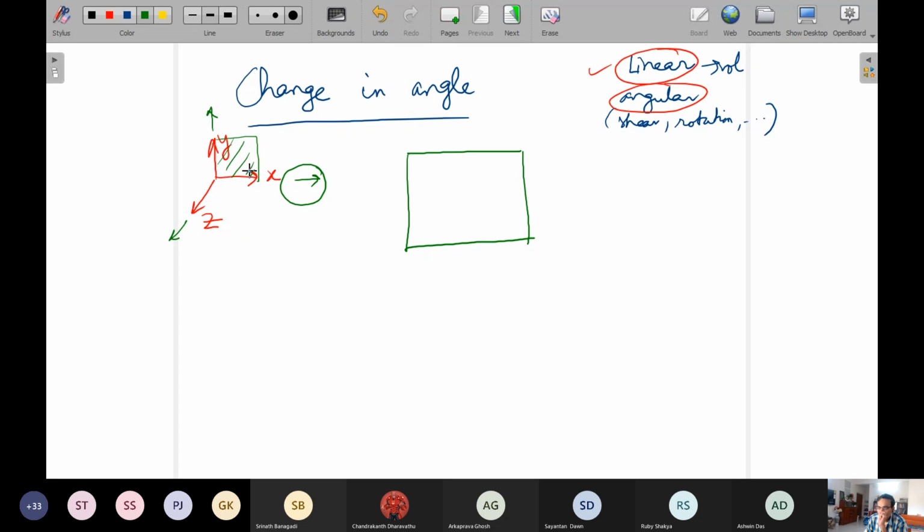So in that way, for assessing the change in angle or for assessing the rotation or shear, etc., we can easily visualize these as events in certain planes and superimpose that in a vectorial form.